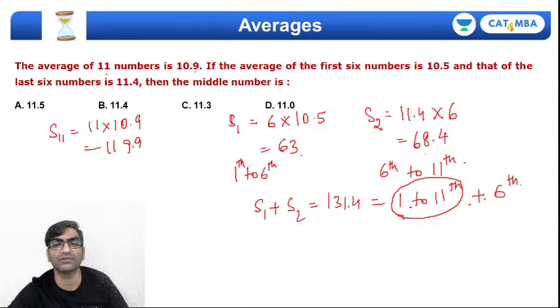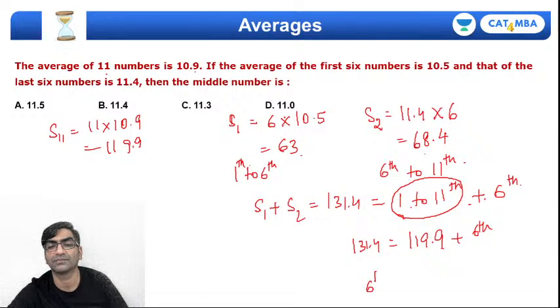Now, do I know the sum of the first to 11th number? Yes, I know it's 119.9, and this is 131.4 plus the 6th value. So the 6th term would be 131.4 minus 119.9.